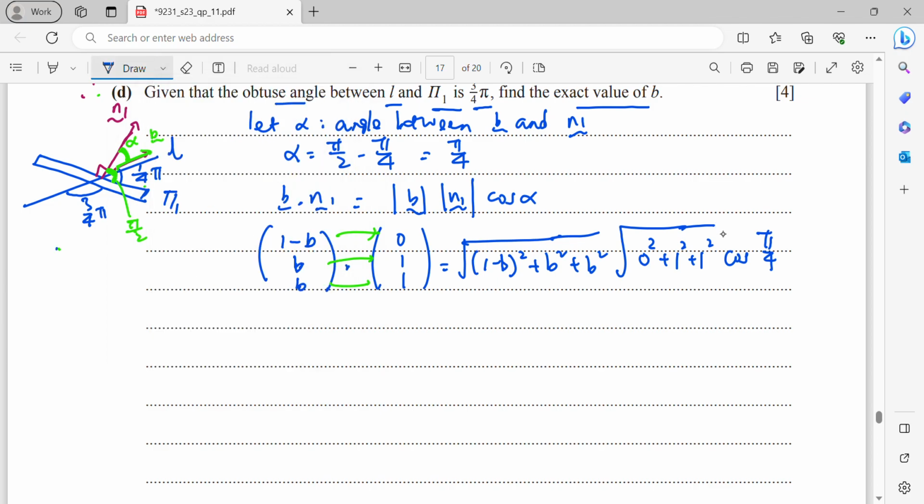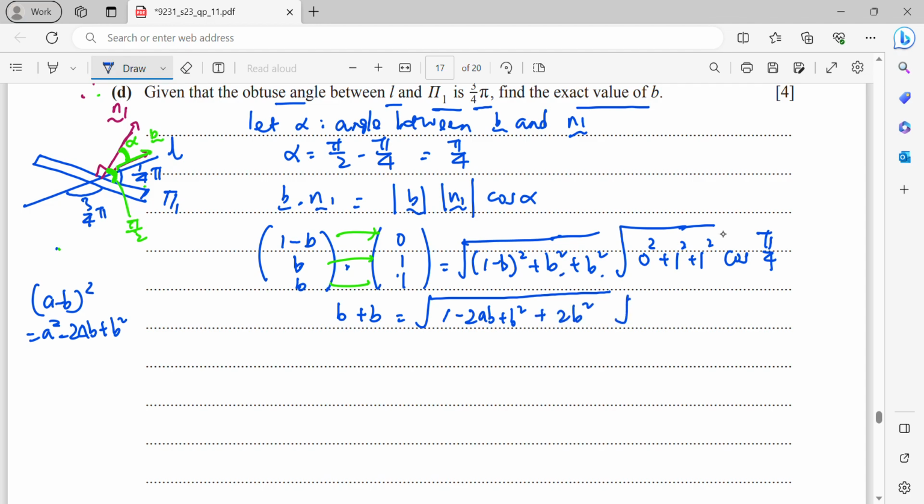The first one is 0, the second one is b, the third one is also b. For the first square root, I need to do expansion. Square of 1 minus b, use the formula (a minus b) squared equals a squared minus 2ab plus b squared. I will get 1 minus 2ab plus b squared, then plus 2b squared. The square root of 0 squared plus 1 squared plus 1 squared will be square root 2.